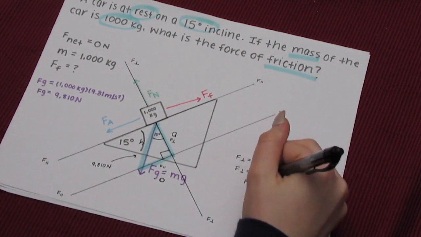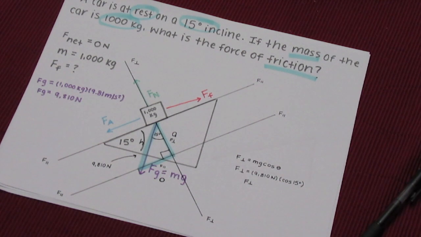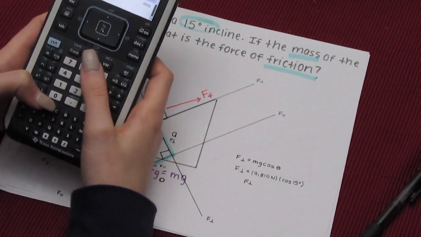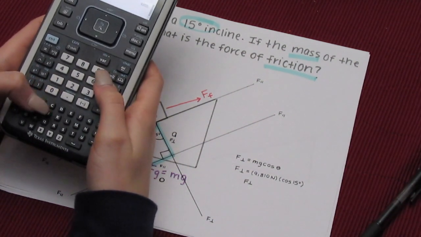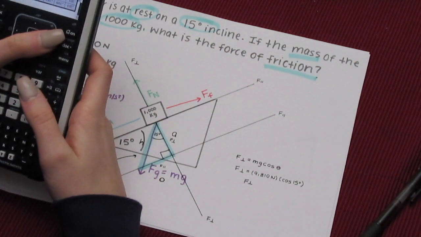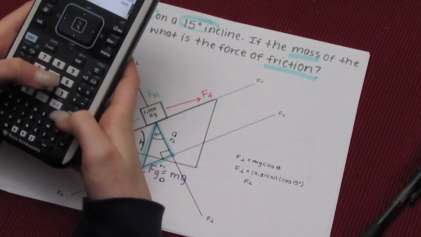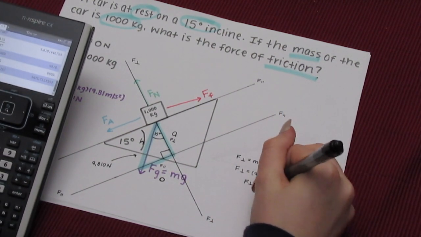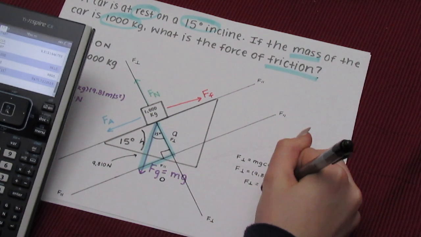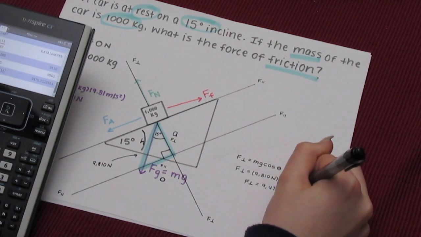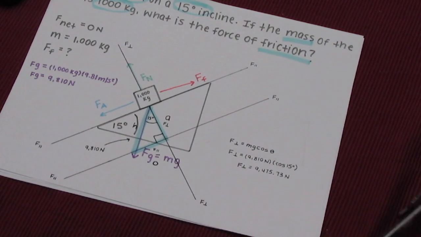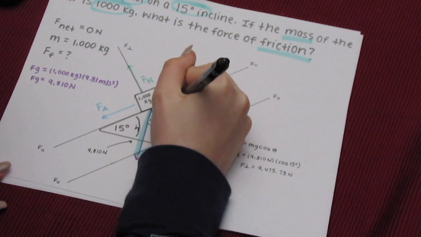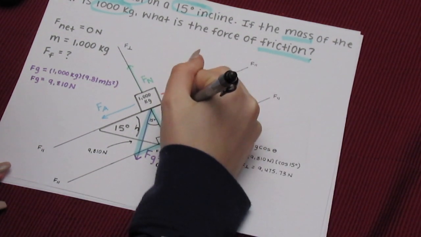So when you plug that into the calculator, you do 9,810 times cosine of 15 degrees, and you get 9,475.73 newtons. So now that we figured out the force perpendicular, you can label that also so that you have another side to work with. 9,475 newtons.